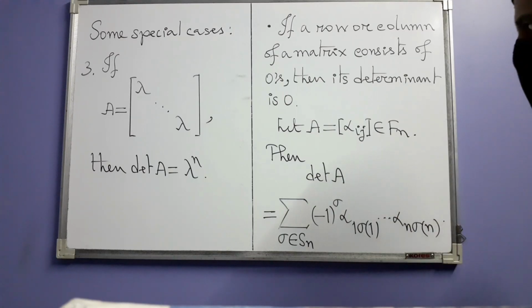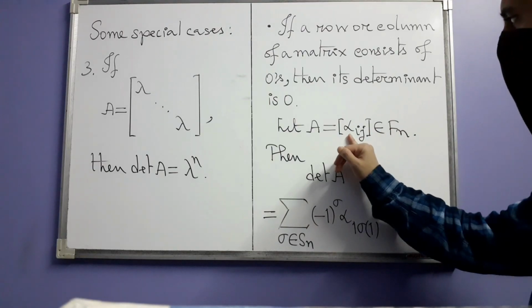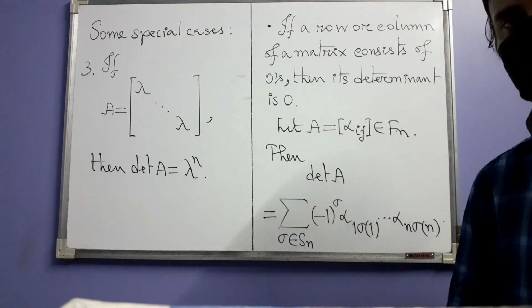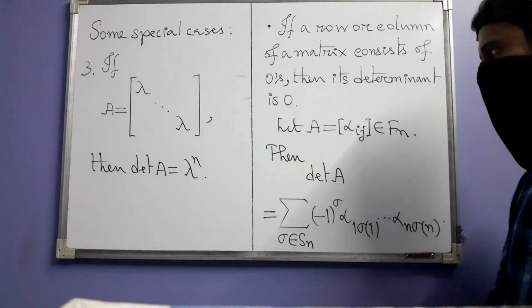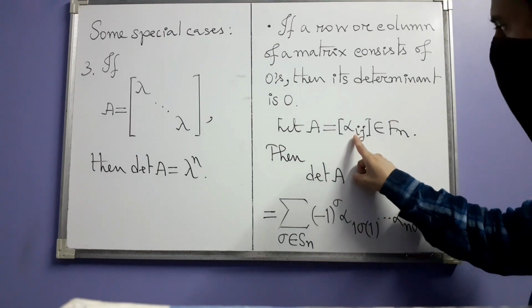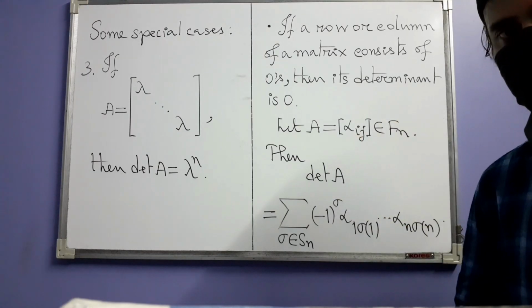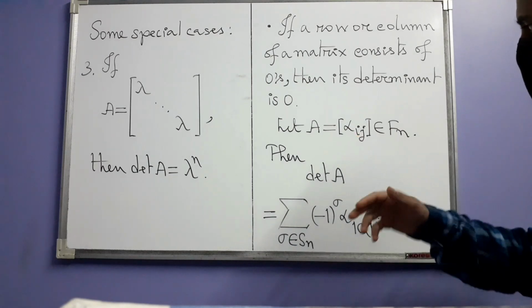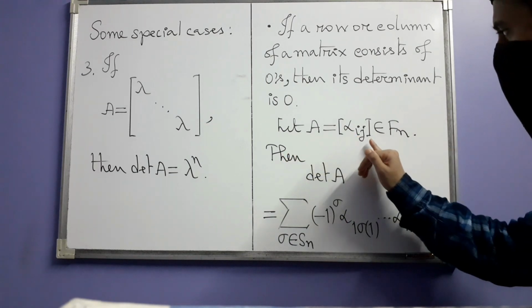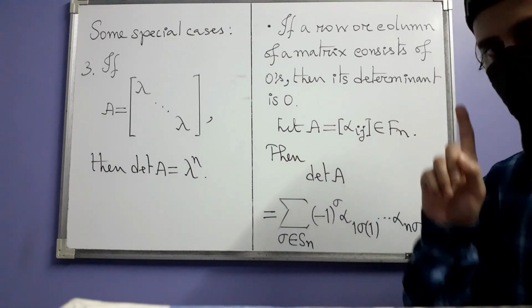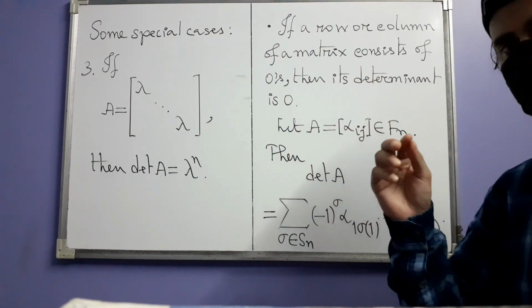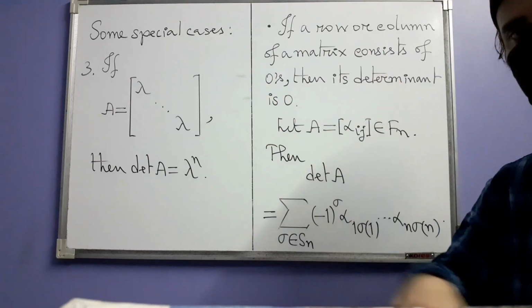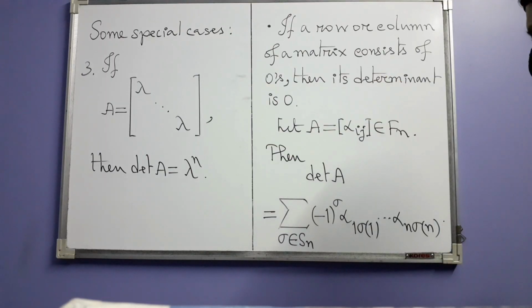For the sake of simplicity, say we first think of the first column of A being 0. What does that mean? It means that no matter what this first index I is, it can be any number from 1 to n, if the second index j is 1, then the entry alpha ij lies in the first column and it will be 0, regardless of what I is.